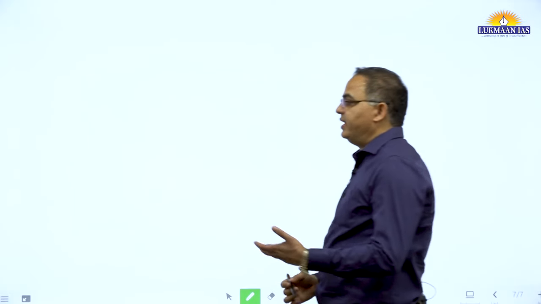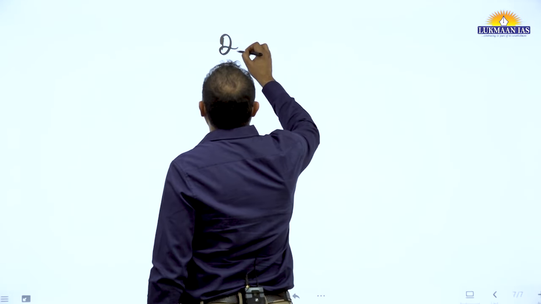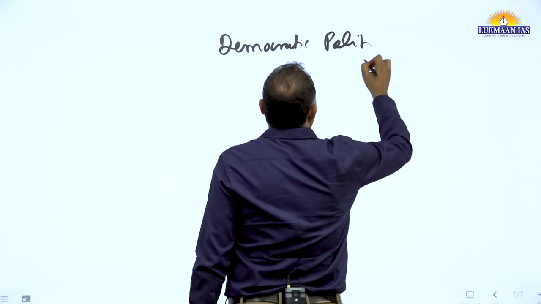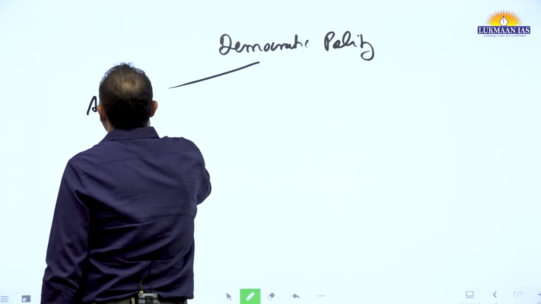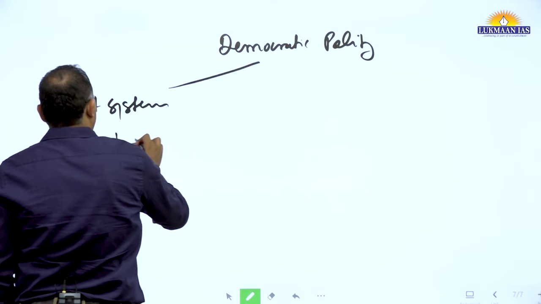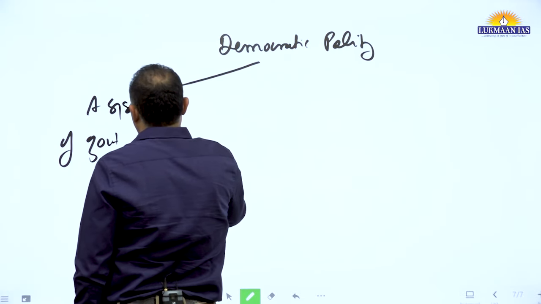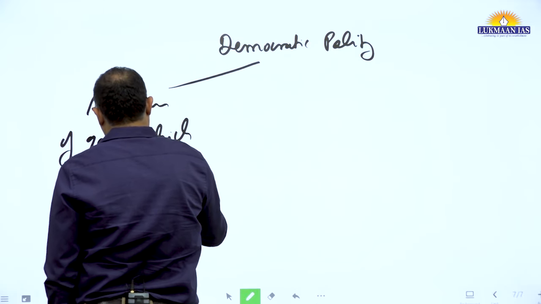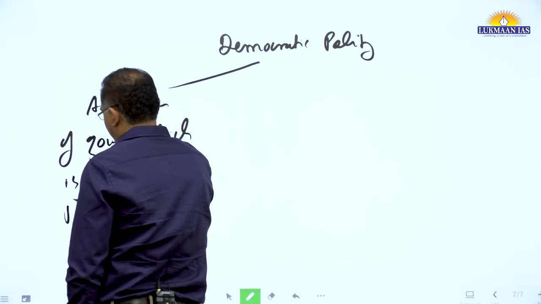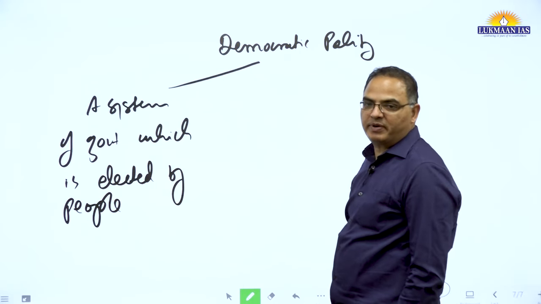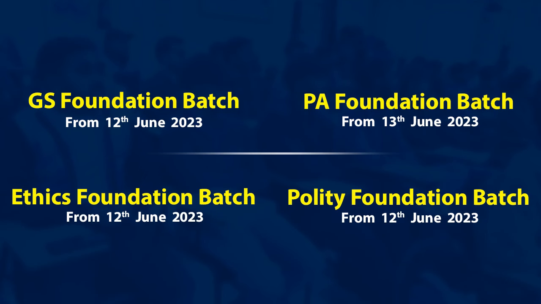So, when we say democratic polity, it is a system of government which is elected by people. People will elect that.